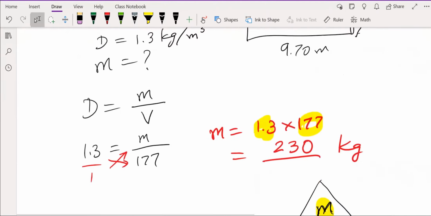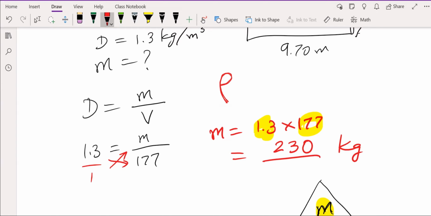That is not always the symbol that is used. The actual symbol used for density is rho. It's a Greek letter, because capital D can be confused with diameter.